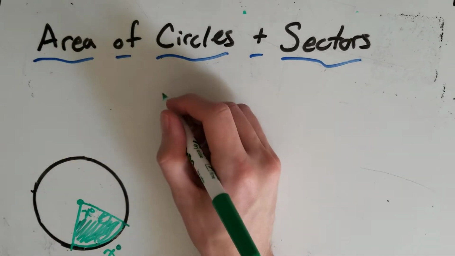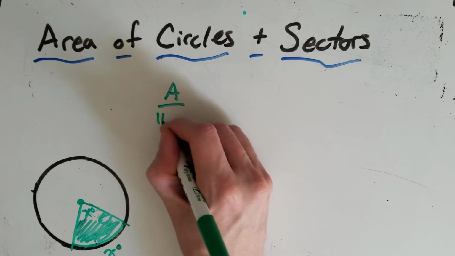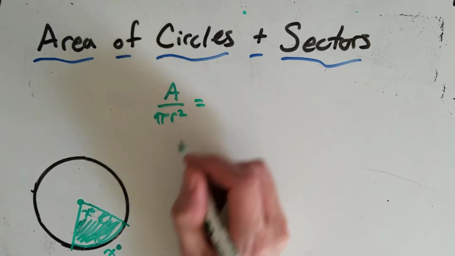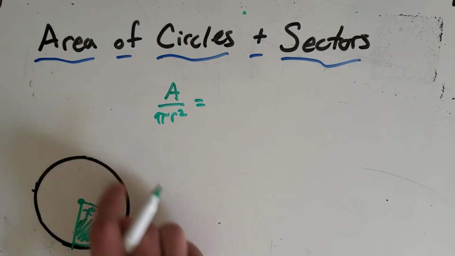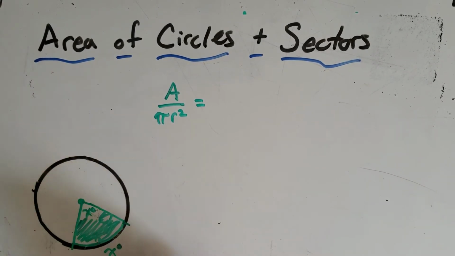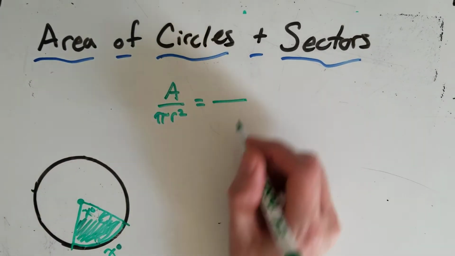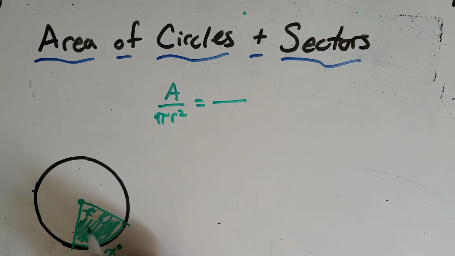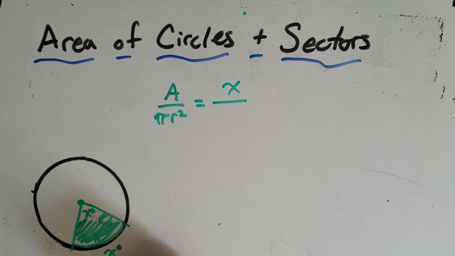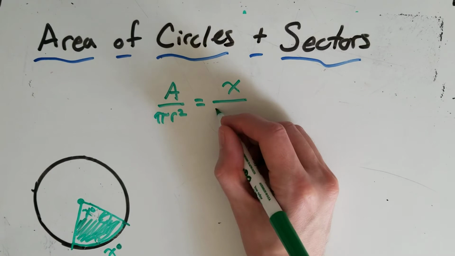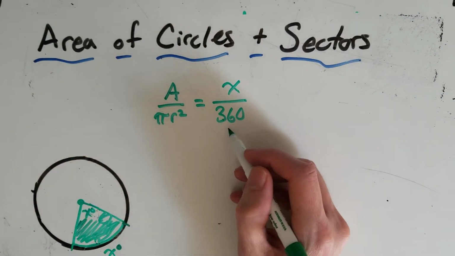The ratio of the area of a sector to the area of the whole circle, so the area of this green region in comparison to the area of the whole circle, is going to be the same as the ratio of the intercepted arc or the central angle, because those are the same. So what x is here, the ratio of that to the whole circle, which would be the arc all the way around, which is 360.